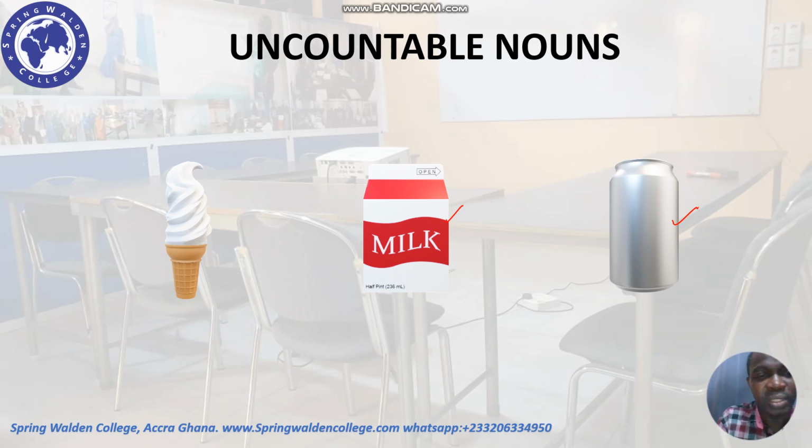Okay, but if you look at this, we cannot count the ice cream. We can count the cones, we can count the containers, okay, the can, but we are talking about the content, so we cannot count it. So we use some or any plus the noun. Okay, so some ice cream, some milk, some coke, basically. So uncountable nouns plus some or any.